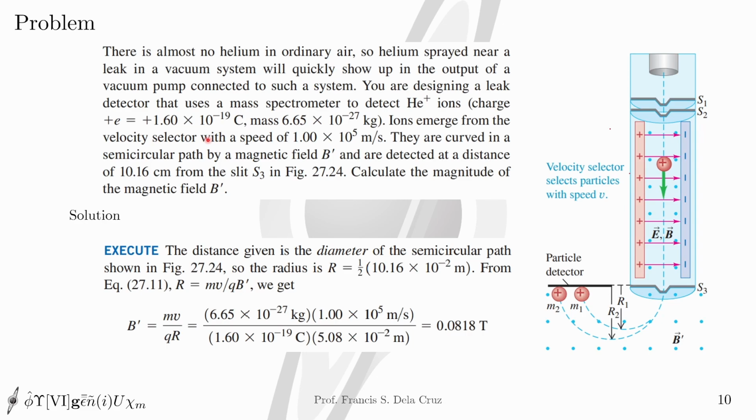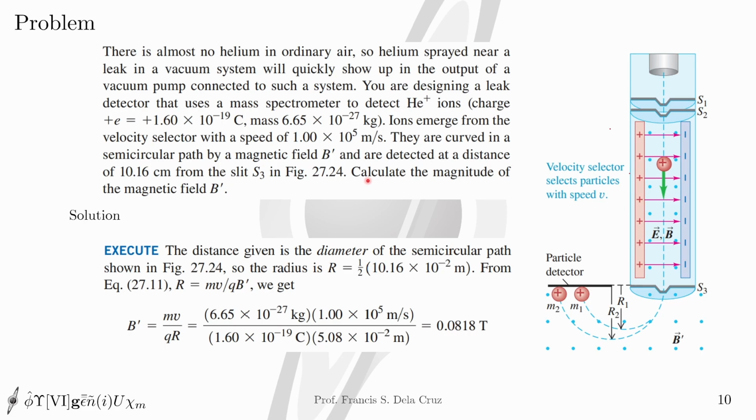Charge is positive e, 1.60 times 10 raised to negative 19 coulombs, and the mass of the helium ion is 6.65 times 10 raised to negative 27 kilograms. Ions emerge from the velocity selector with a speed of 1.00 times 10 raised to 5 meters per second.